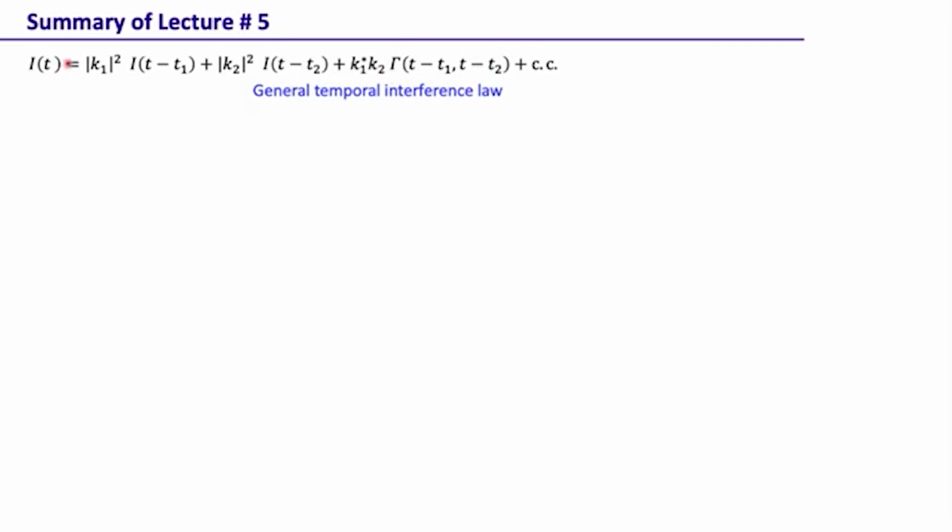We saw last time that the intensity at the output port contains the intensity coming through the first arm, the intensity coming through the second arm, with intensities at t minus t1 and t minus t2. And then there is this third term, and of course its complex conjugate, which is the correlation that contains how the field vibrations at t minus t1 and t minus t2 are correlated.